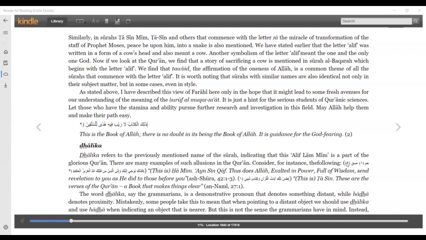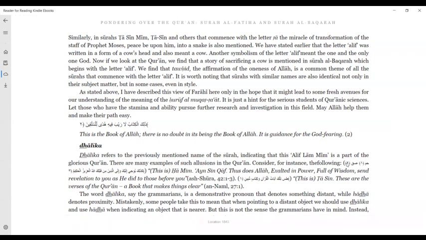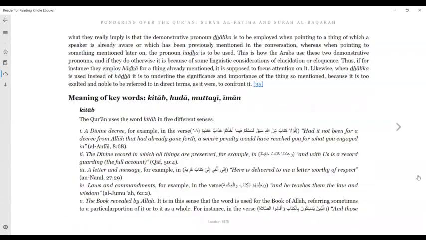Instead, what they really imply is that the demonstrative pronoun ذَلِكَ is to be employed when pointing to a thing of which a speaker is already aware or which has been previously mentioned in the conversation. Whereas when pointing to something mentioned later on, the pronoun هذا is to be used.